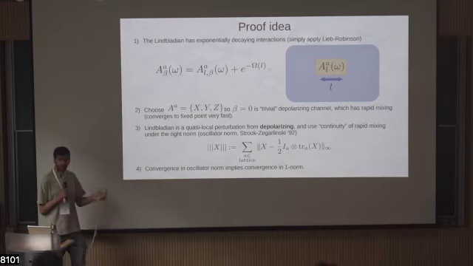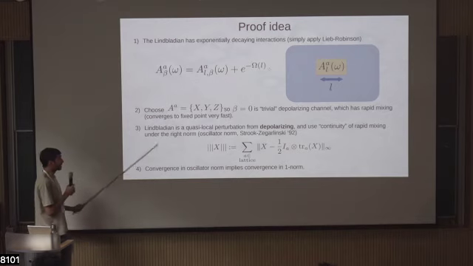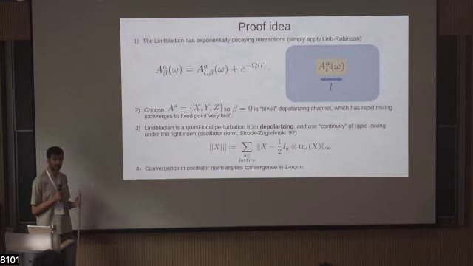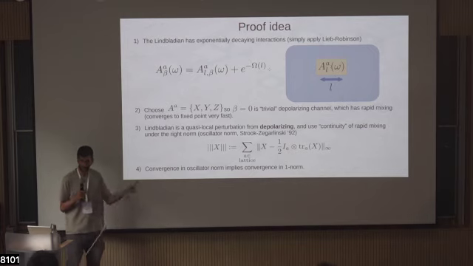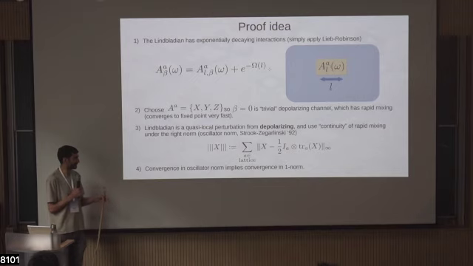So essentially what we need to do is some interpolation to the depolarizing channel. We need to understand in which way the Lindbladian is a quasi-local perturbation of that depolarizing channel, and then apply some sort of continuity bound for the rapid mixing property. This continuity bound is the non-trivial thing here. You have to come up with the right kind of quantity to bound.